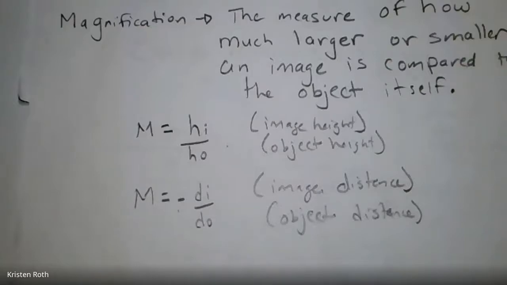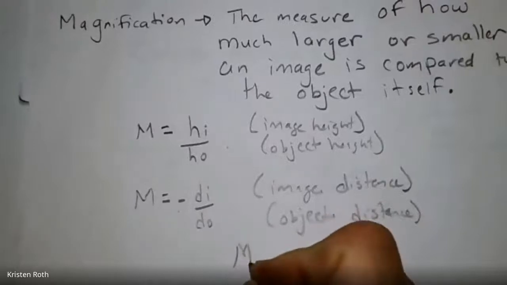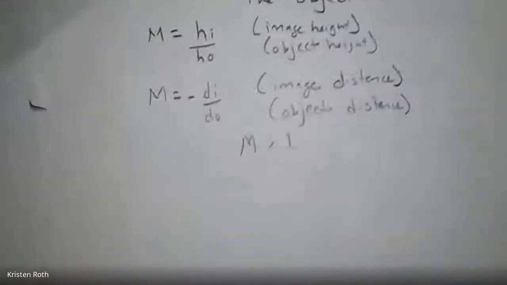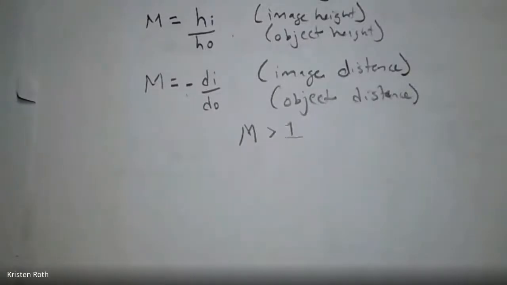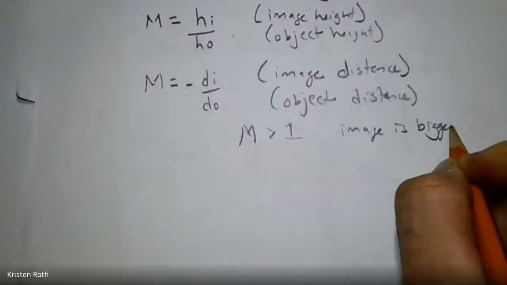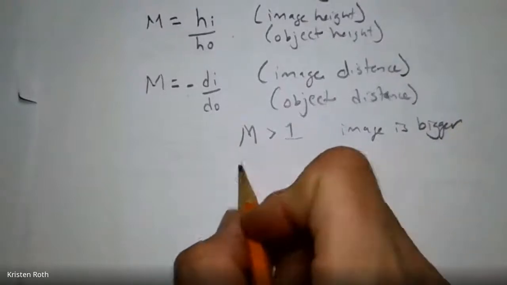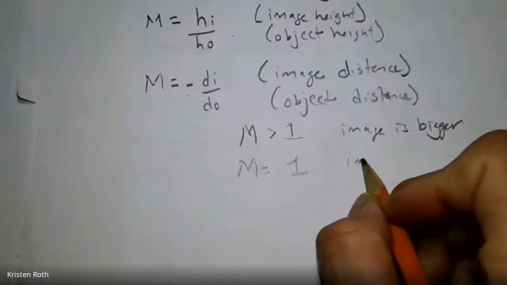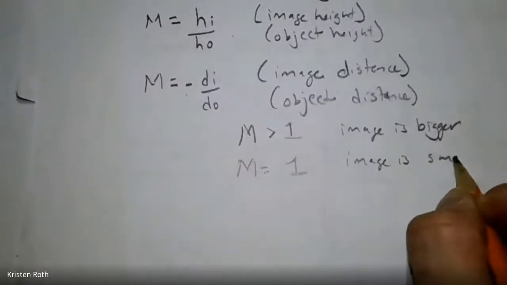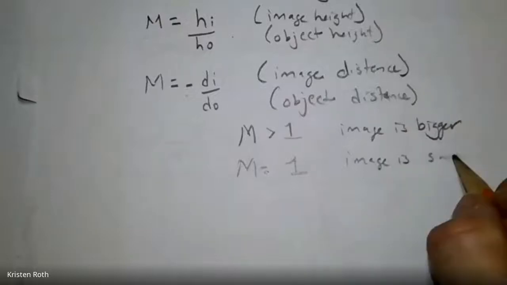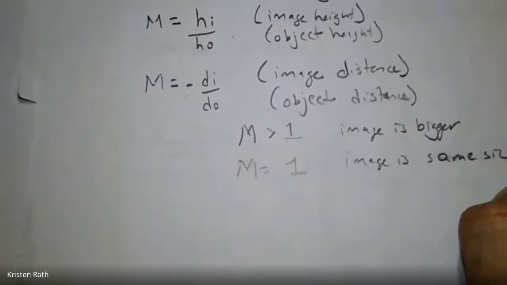Okay, so if the image is bigger than the object, then magnification will be bigger than 1. Magnification will equal 1 if the image is the same size as the object.